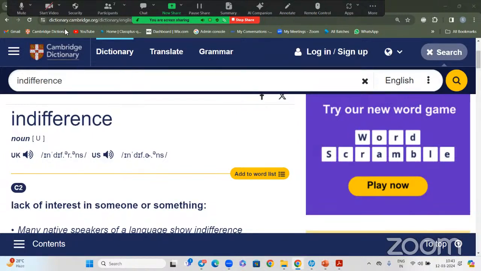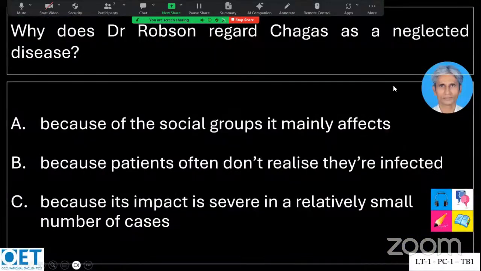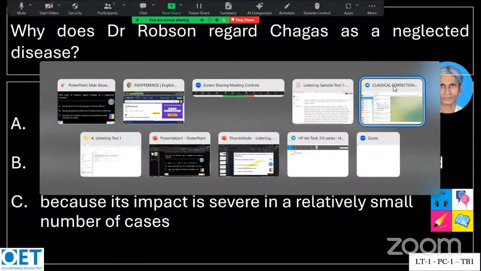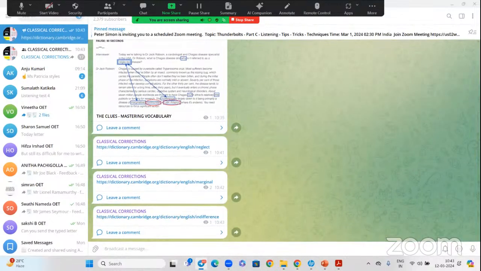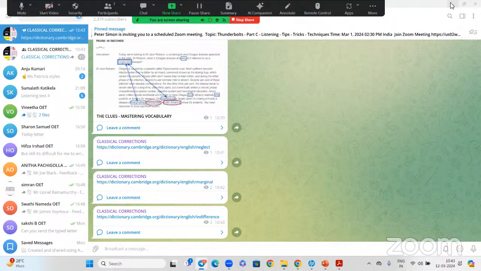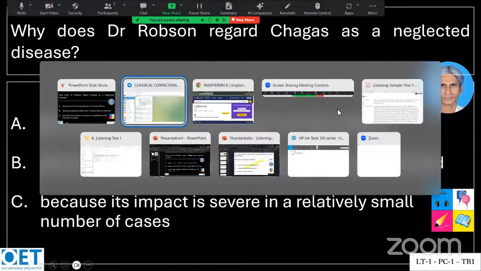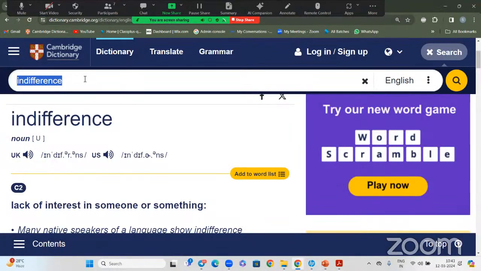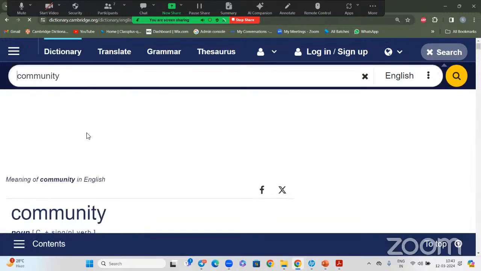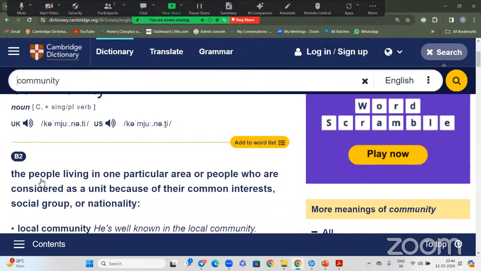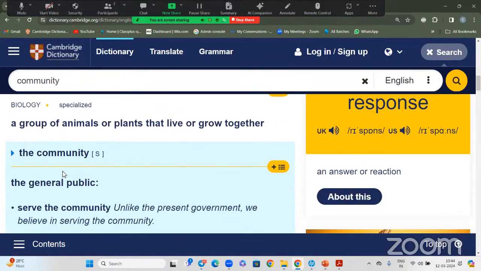C2 vocabulary means a very powerful word. You will get 450 plus marks. So these are the three words which are very, very important. And society means what? Next one is society, community. Community means, okay, synonyms.